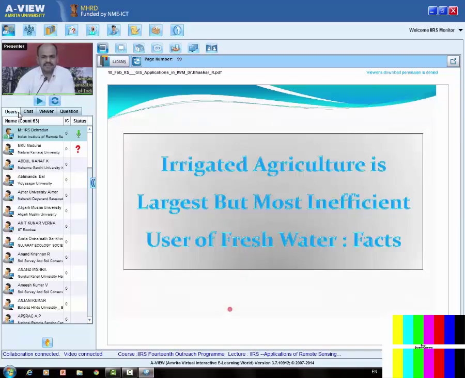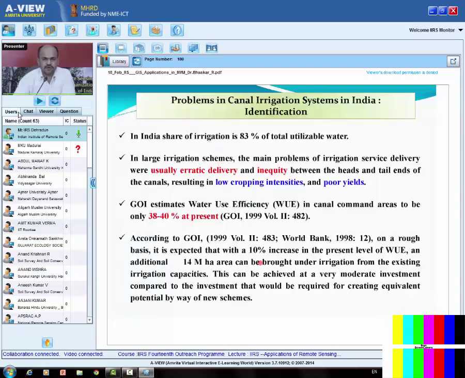The fact is that irrigated agriculture is the largest but most inefficient user of fresh water, and this is a universally accepted fact. In India, the share of irrigation is 83% of total utilizable water. But the government report says that all irrigation projects are presently running at 38 to 40%, and if I am able to increase my water use efficiency by just 10%, I can add 14 million hectares of land under irrigation with very minimal input, because I don't have to construct a new project.